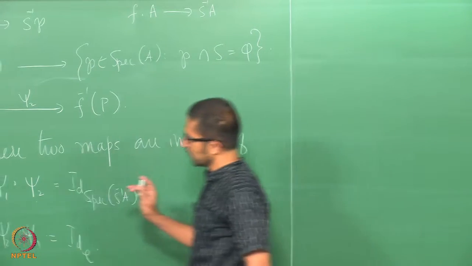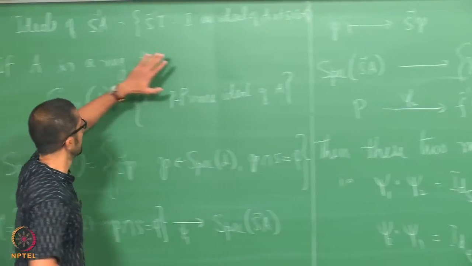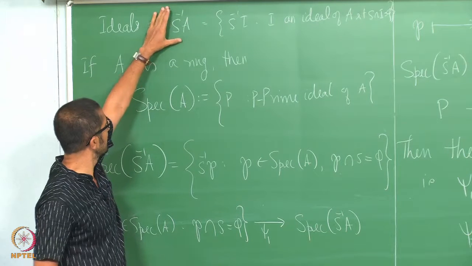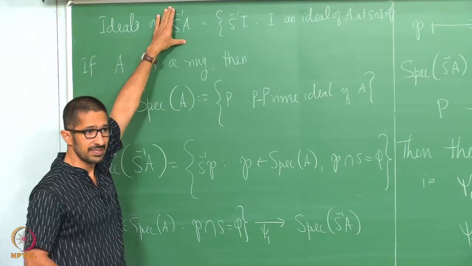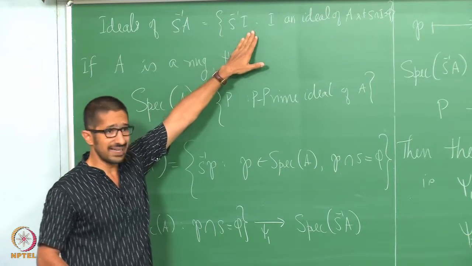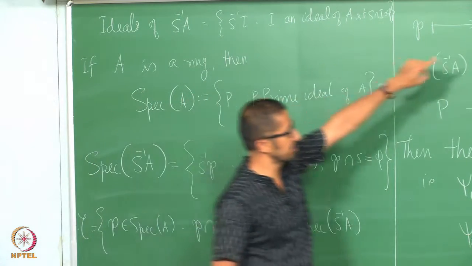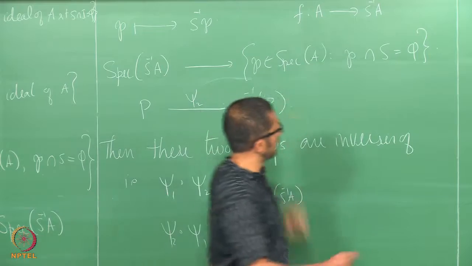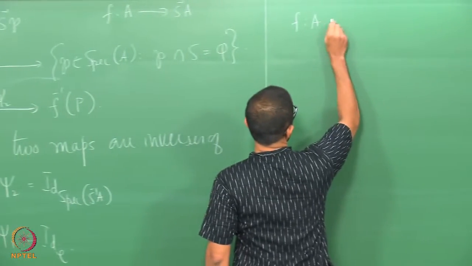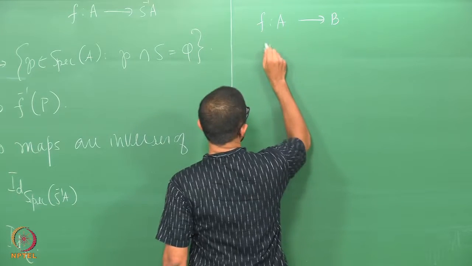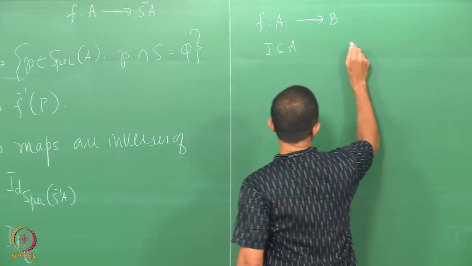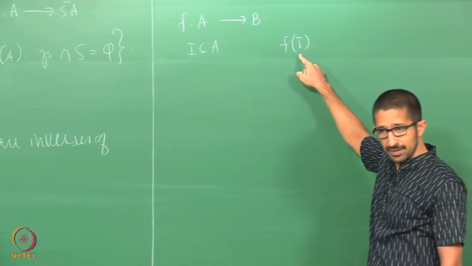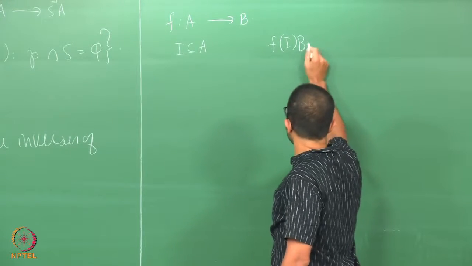So, here what we are saying is that this is the collection of ideals of S inverse A, all are extended ideals with respect to this map. When you have a map f from A to B and I is an ideal in A, then f of I need not be an ideal in B, but then you look at the ideal generated by this set.